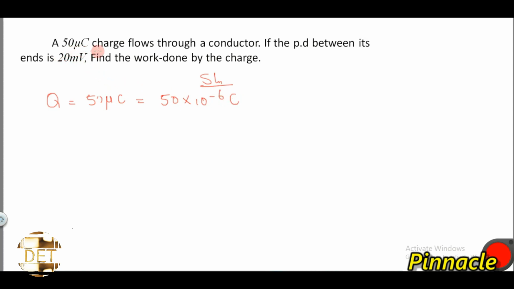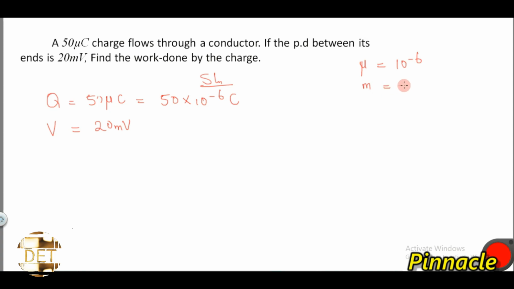So a 50 microcoulomb charge flows through a conductor, full stop, if the potential difference between its ends is 20 millivolts. So the potential difference V is equal to what? 20 millivolts. And like I said before, micro is 10 raised to the power minus 6.